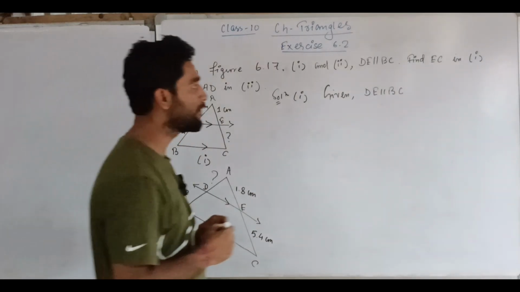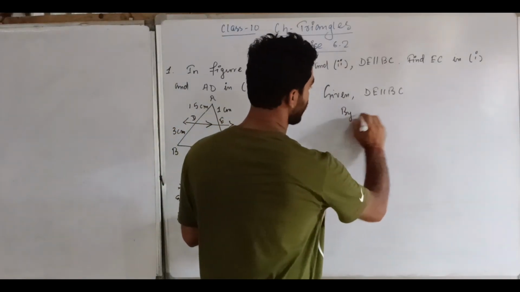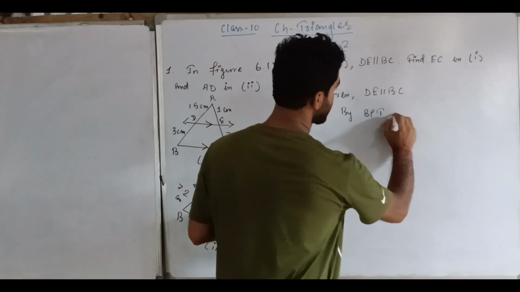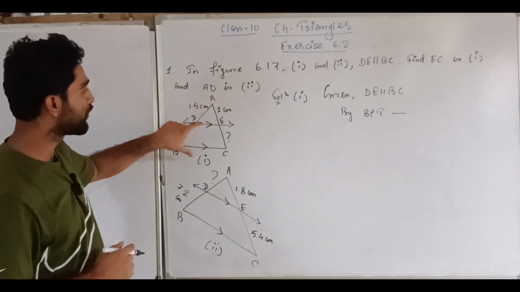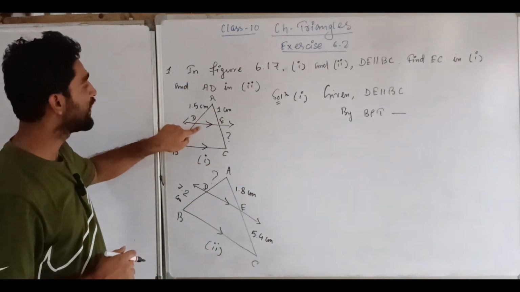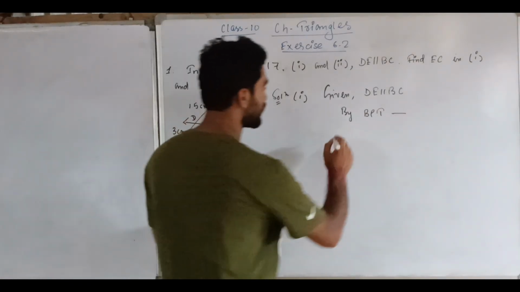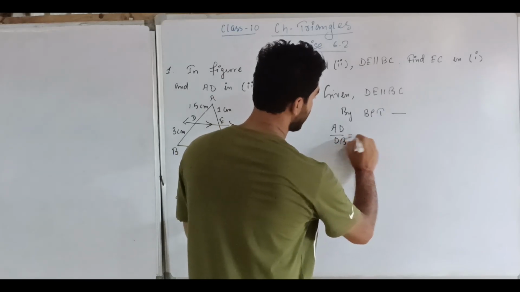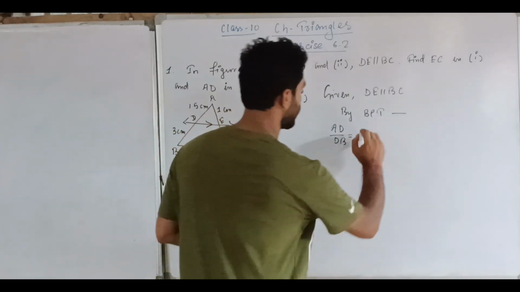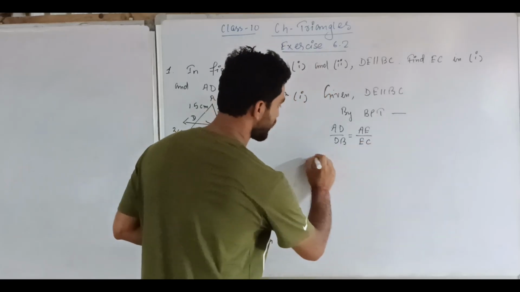So from the Thales theorem, or the basic proportionality theorem, what can we say? By the basic proportionality theorem, if in a triangle a line is parallel to one side, then it will divide the other two sides in the same ratio. That is, AD divided by DB will be equal to AE divided by EC.